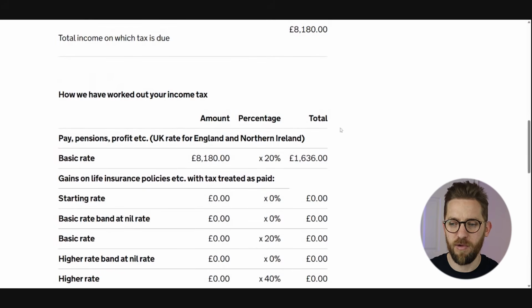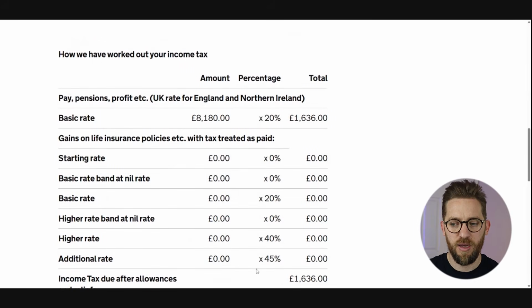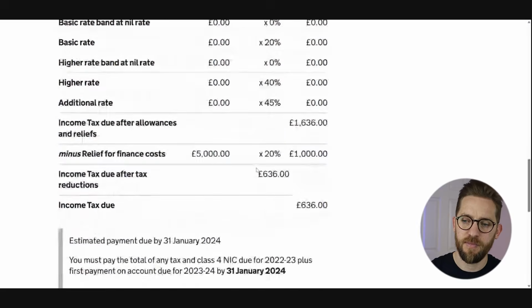Now, because I've only got that income here, that's going to fall in the basic rate tax category, so I'm going to pay 20% tax. If you were a higher rate taxpayer, you had more income from rental property or other sources, then you might have to pay additional rates of tax here.